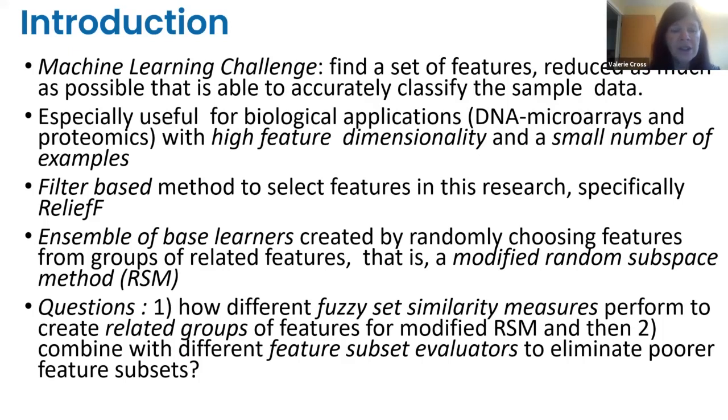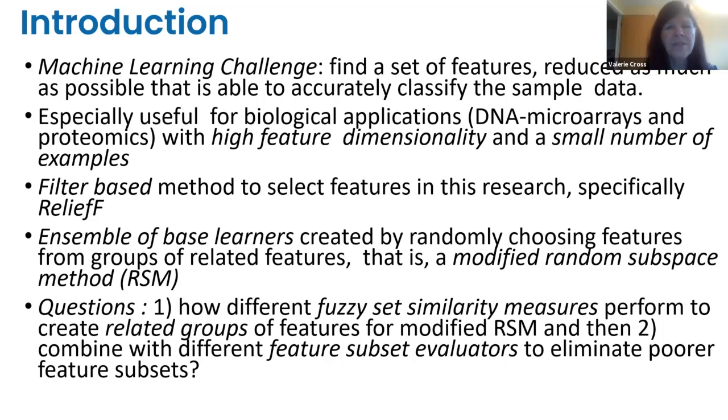In our initial experiment, which we continued, we used Relief F, a filter-based method, to select the most promising features from this huge set of features. We used an ensemble because ensembles are supposed to give better predictive power. The approach we used was a modified random sample method.